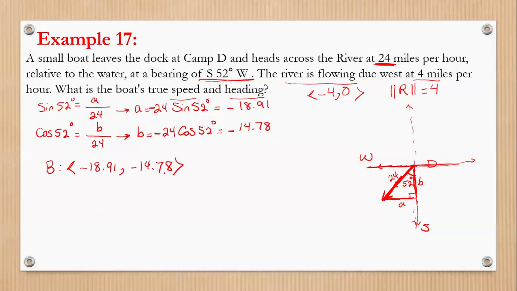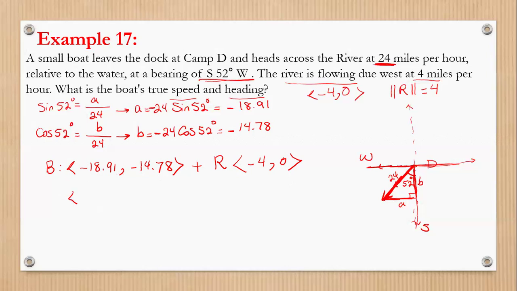But these are the components for just the boat. We know that the river is also helping the boat. So now we need to add these together, added by the vector for the river, which is negative 4 and 0. How do we add two vectors? Add the corresponding components. Add the first components, add the second components.